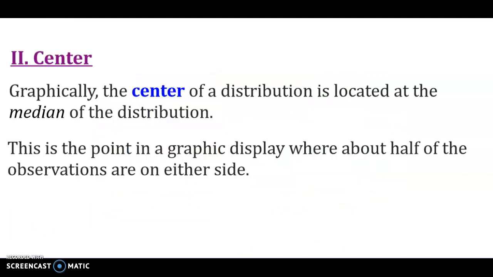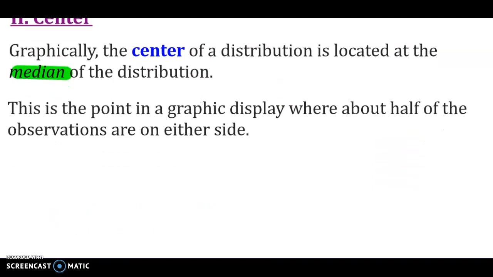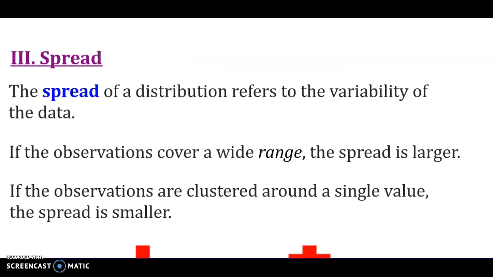Okay, moving on. Next, we look at the center of a distribution, which generally we describe as being at the median. We've talked about the median, it's the middle value. About half the observations are on either side. No big deal there, nothing exciting. Let's move on then to spread. That's your distribution referring to the variability of the data.